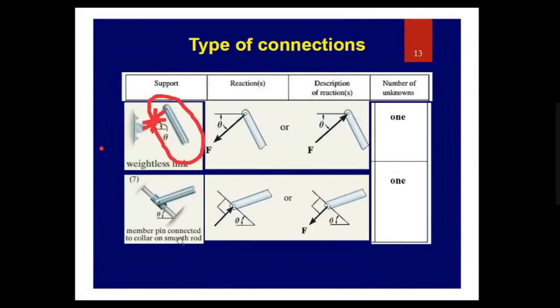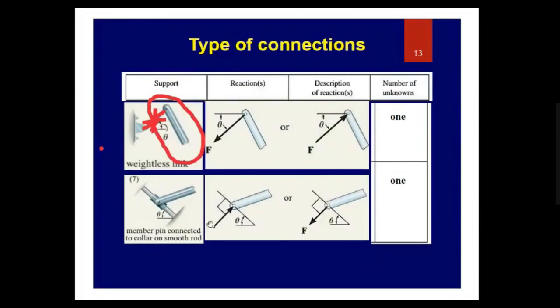Let's consider this case. For example, in this case, this bar is attached to another bar, and then this bar is attached to supports. If I'm interested to draw the free body diagram of this bar, first of all, I'll draw the bar, and then in order to mimic the response of this bar, I will apply a reaction force which will be perpendicular to this bar. Okay, so this is a reaction force, and this force is perpendicular to this bar. So this is the free body diagram of this bar.